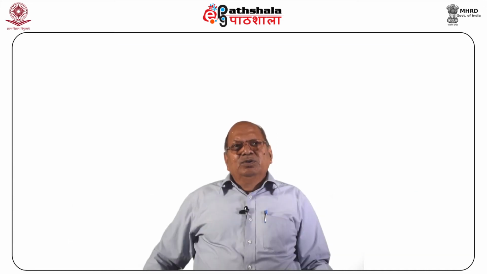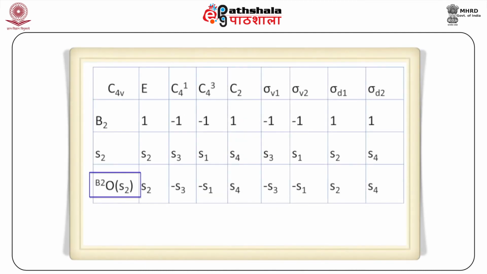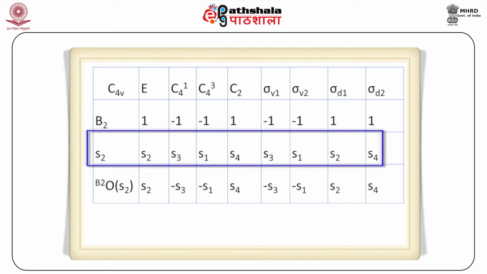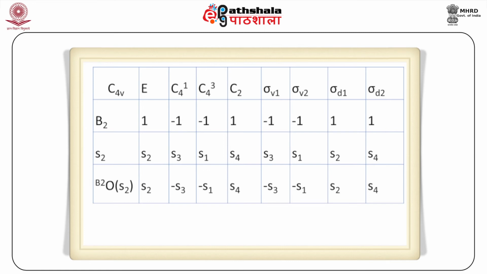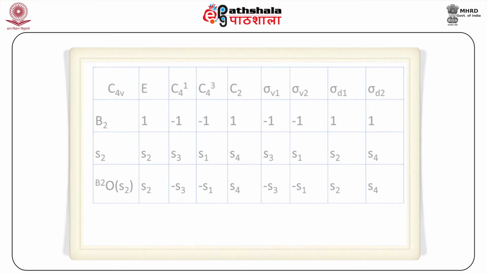Now if we make use of B2 on S2, let us take the transformation operator corresponding to B2 symmetry and try to evaluate the effect on the S2 function. The result is given in this row against S2: S2, S3, S1, S4, S3, S1, S2 and S4, and B2 on S2 is given as shown over here.